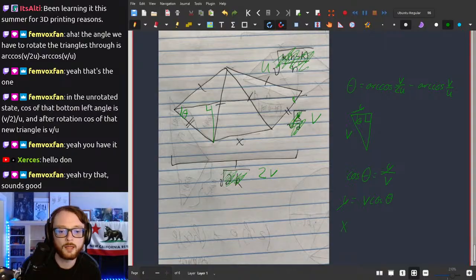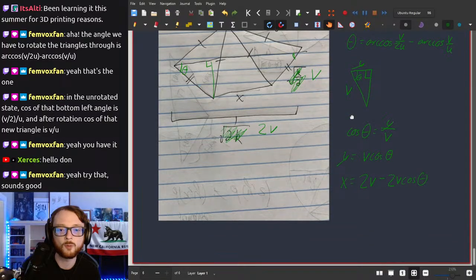So then x is equal to 2v minus 2v cosine theta. And we probably simplify that too, because it's going to be cosine of arc cosine.